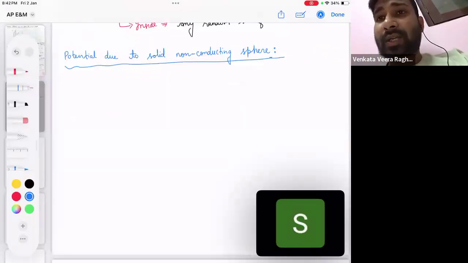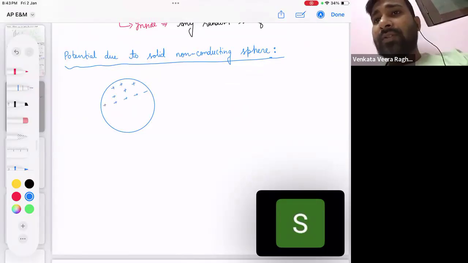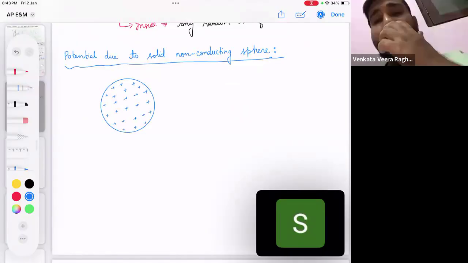And again, I am going to calculate it at two points. Here, what kind of charge distribution will be there? The charge distribution will be uniform throughout. Okay.